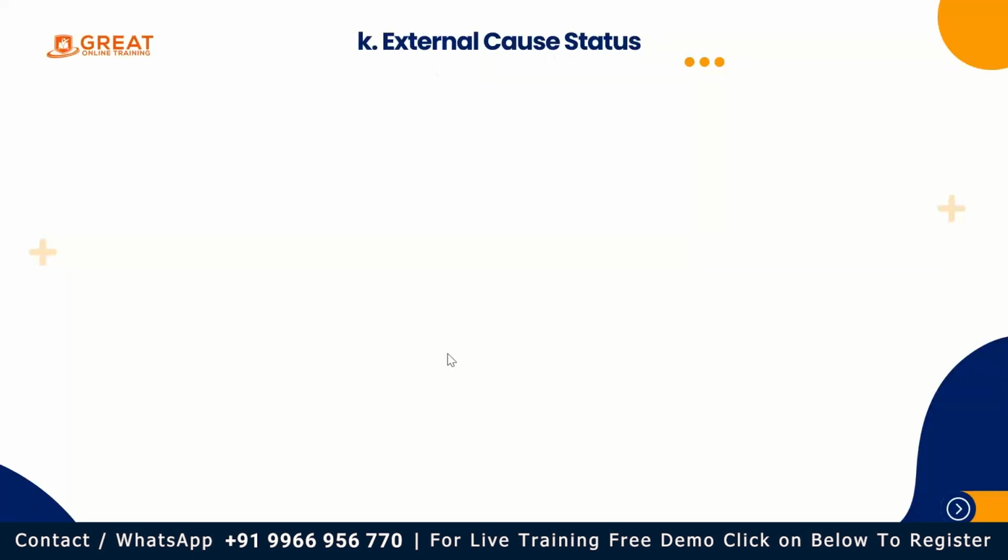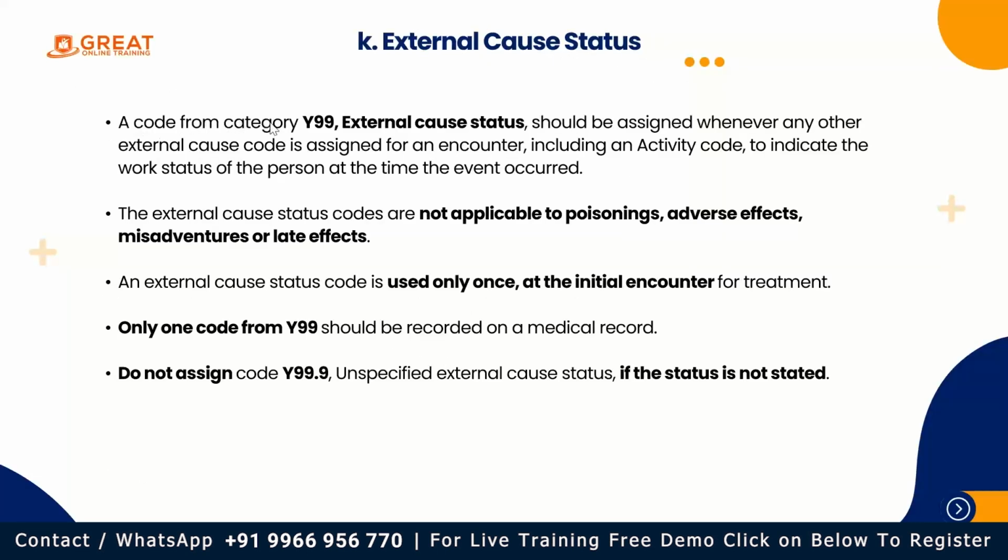External cause status. The code from category Y99 external cause status should be assigned whenever any other external cause code is assigned for an encounter, including an activity, or to indicate the work status of the person at the time the event occurred.